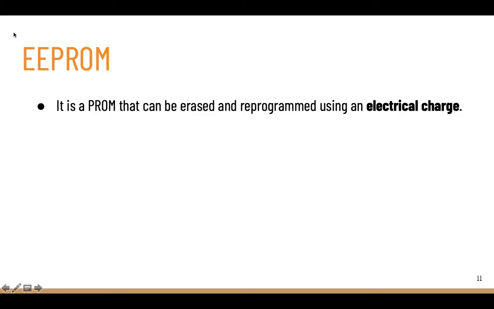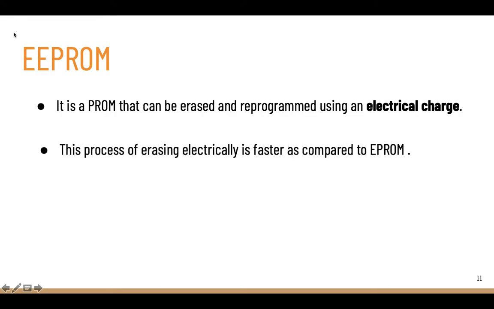In case of the previous type, we can erase and reprogram using UV radiation, but here the reprogramming is done by using an electrical charge. This process of erasing electrically is faster. Since we are using electrical charge here, the process of erasing is faster as compared to UV EEPROM.